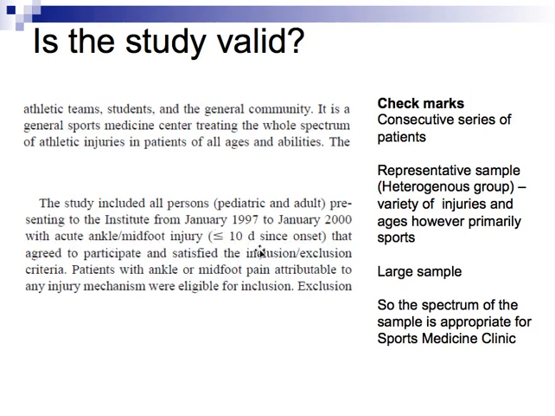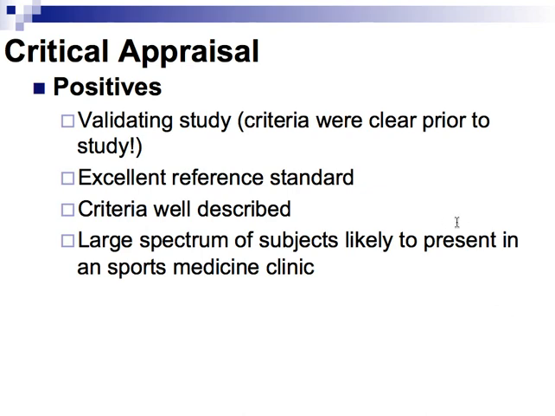So the only inclusion criteria were an ankle injury within 10 days. Again, we have a consecutive series of patients, a representative sample, a heterogeneous group, a variety of injuries, a large sample, but now the spectrum is sports medicine, and the criteria are developed. So this is a good example of a validating cohort study.